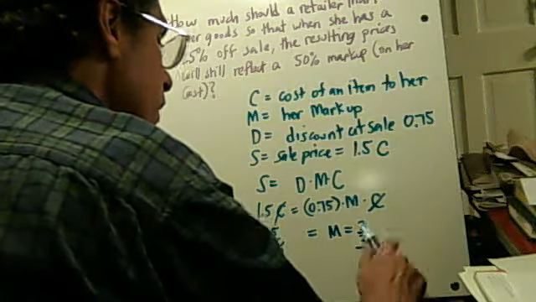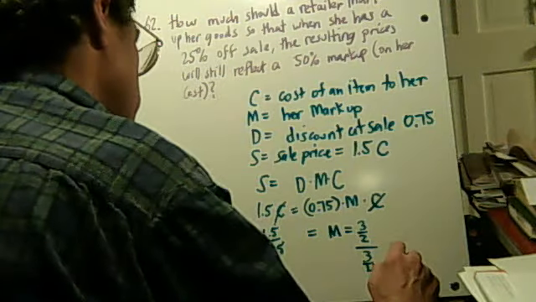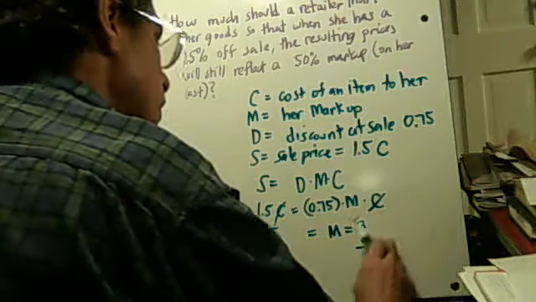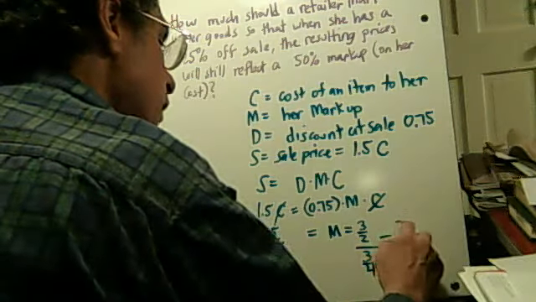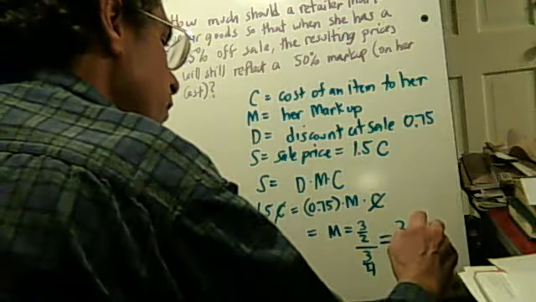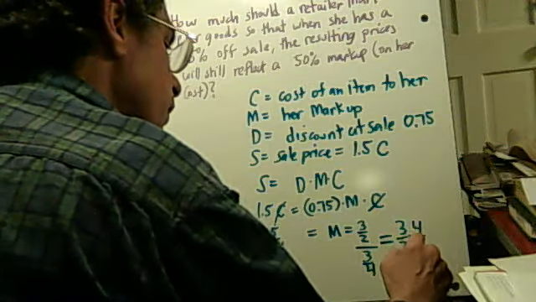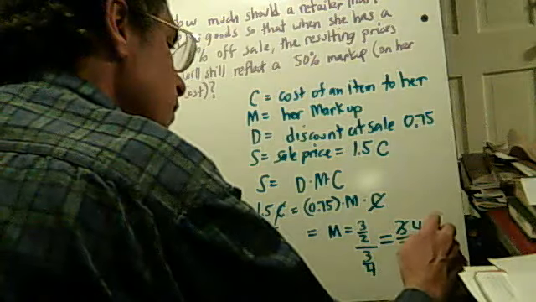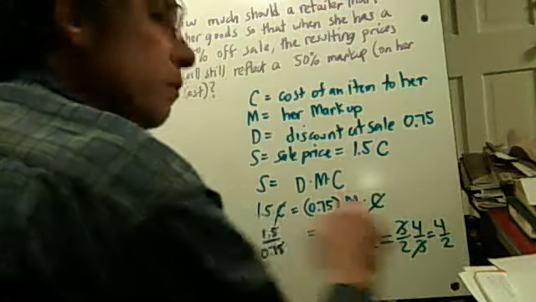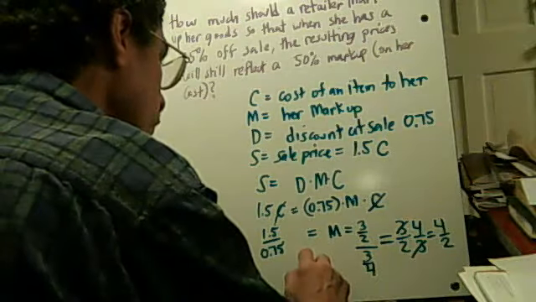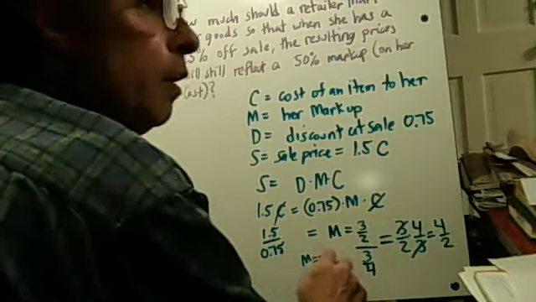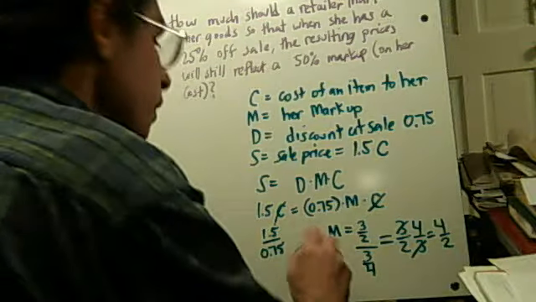So that's 3/2 times 4/3. Now 3's cancel out, and you get 4 over 2, which is equal to 2. So M equals 2. In other words, the markup is a factor of 2.